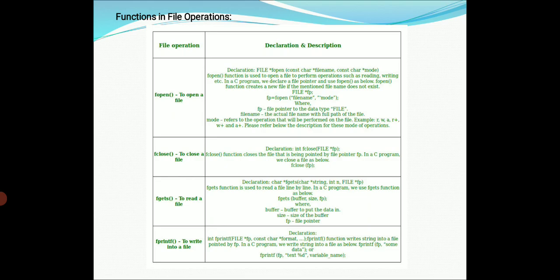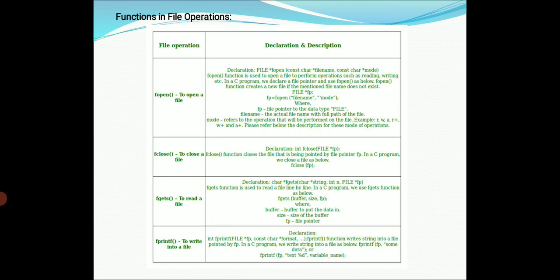The first function is fopen. This function is used to open a file. The declaration is FILE star fopen, within the brackets const char star filename comma const char star mode. The second file operation is fclose. This function is used to close a file.